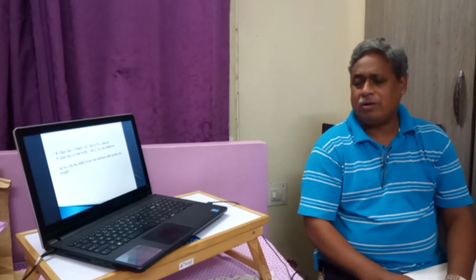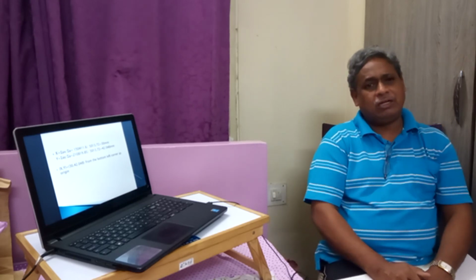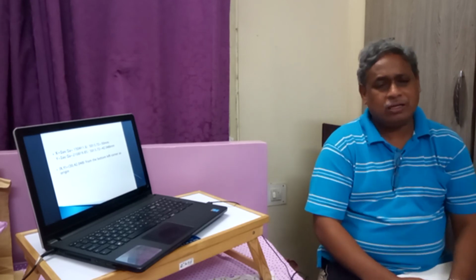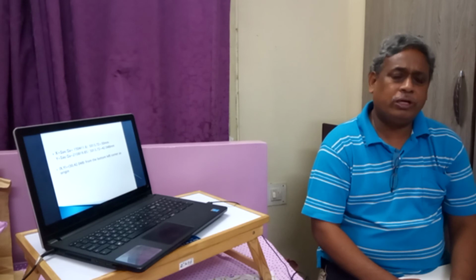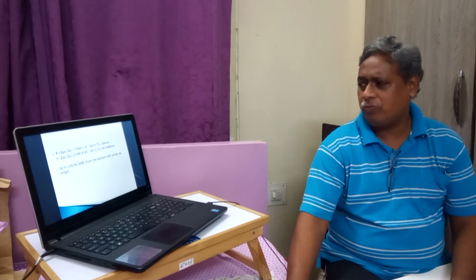We added them, found the total area, and by dividing the sum of moment of areas by the total area, we got x as 30 and y equal to 42.048. That is, it is 30 in x direction and 42 in y direction.